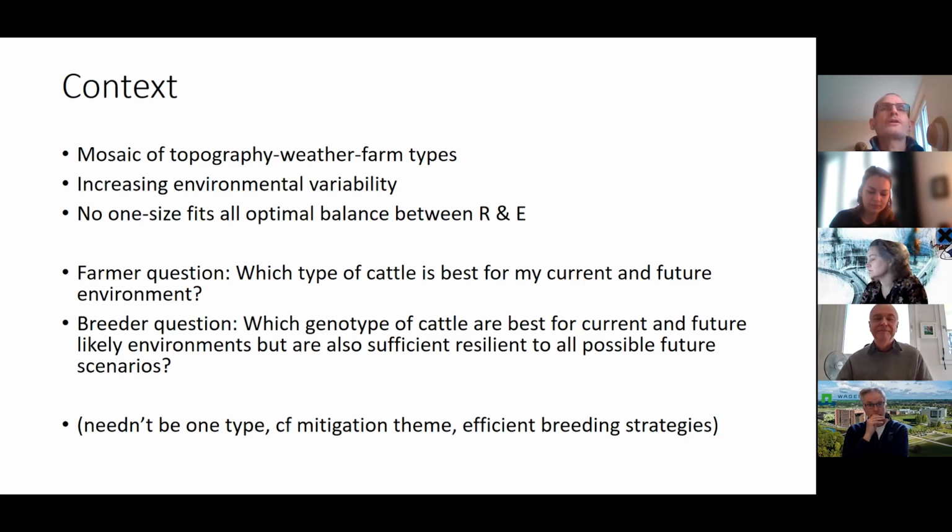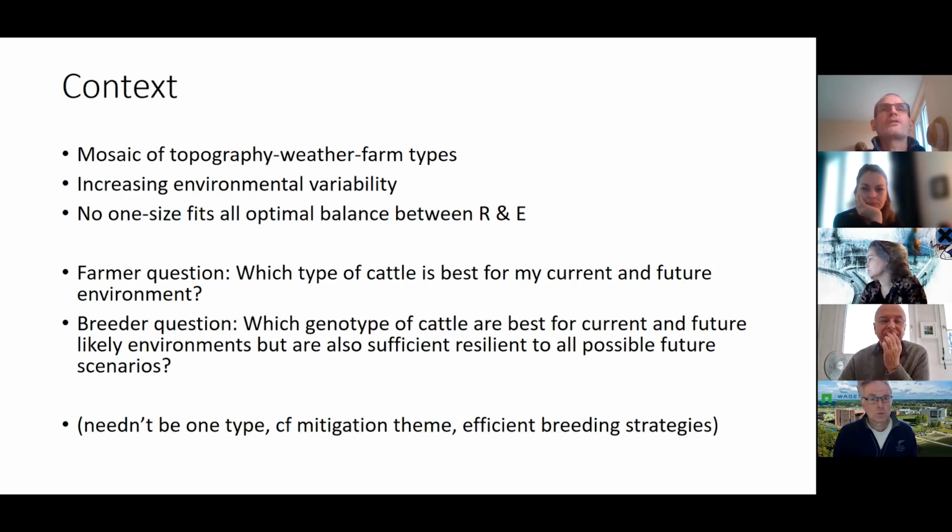If I try and frame that issue in terms of a question that a farmer would perhaps ask, then which type of cattle are best for my current and future environment? Slightly different from a breeder perspective, which genotype of cattle would be best, but are also sufficiently resilient in future scenarios.